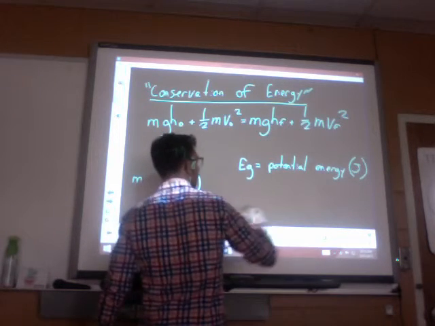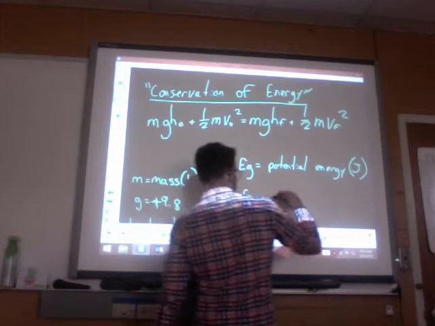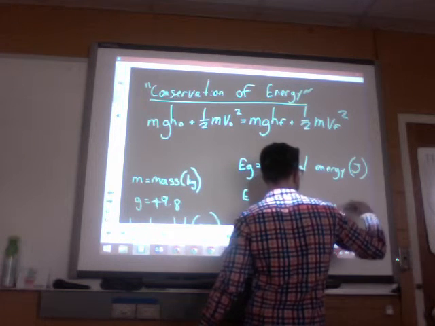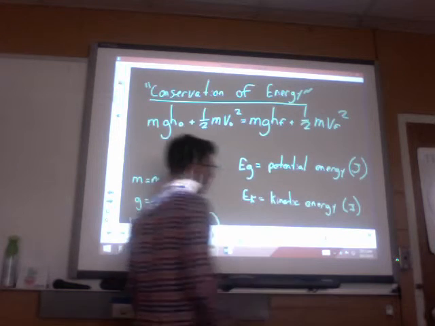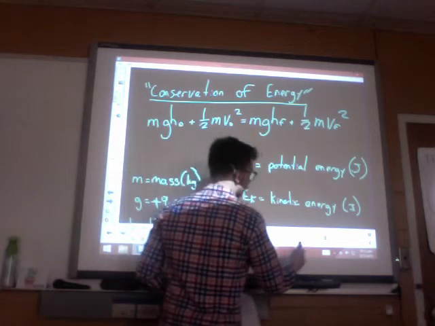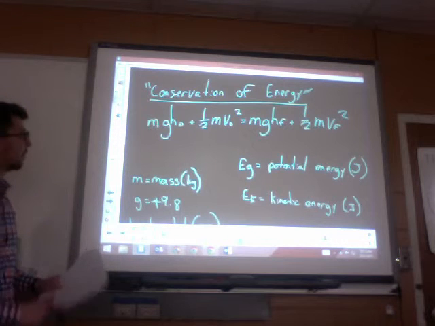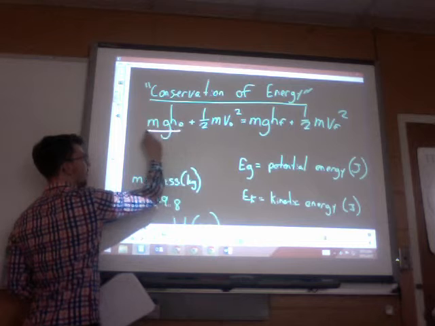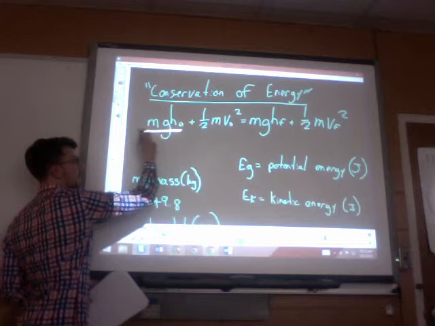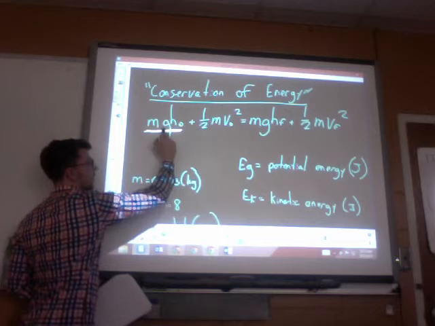EK, what's that one? Kinetic energy. And that's also measured in joules. Which of these letters tells me that it's potential energy? Check out the G and the height also.